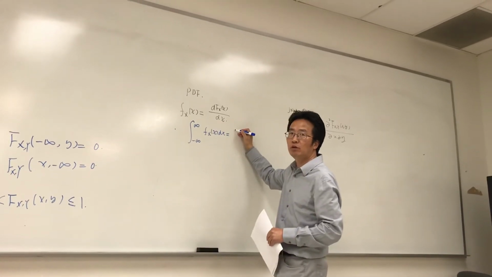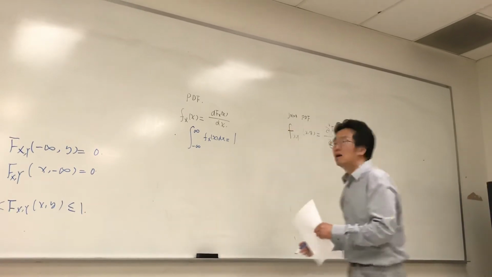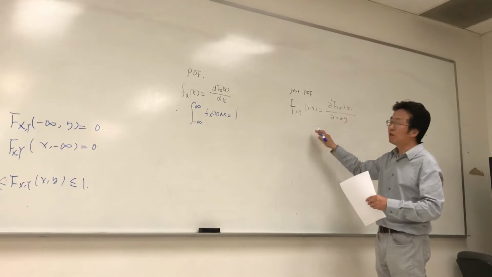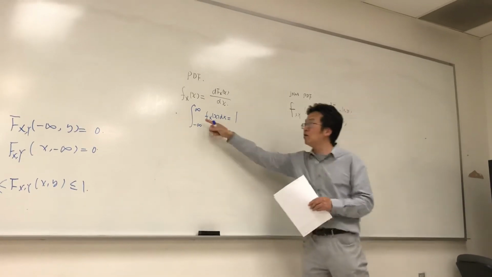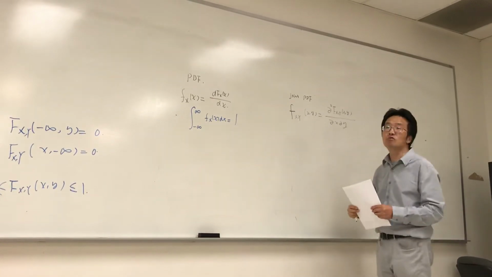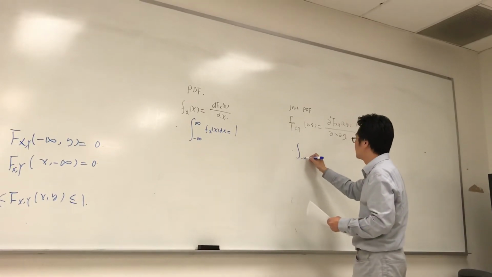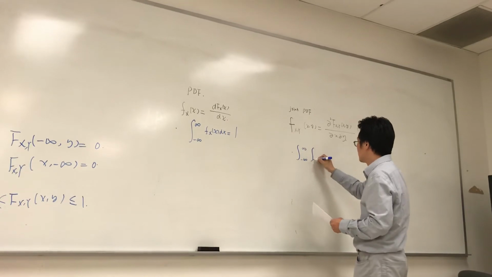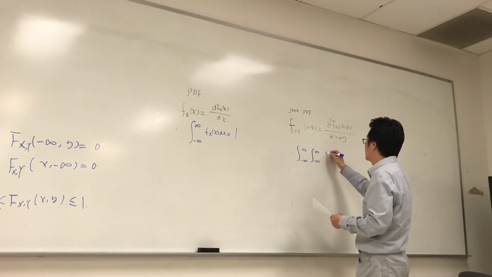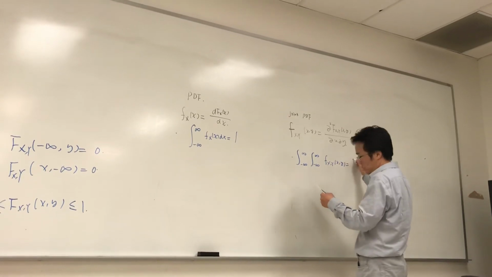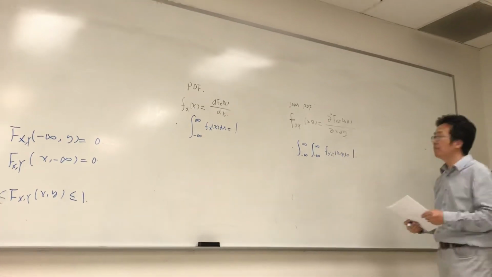What is the result of the integration? 1, right? Now we also have a similar result. The difference is instead of single integration, we're going to have double integration. So we have this property here: the double integral of f_XY(x, y) equals 1, right?